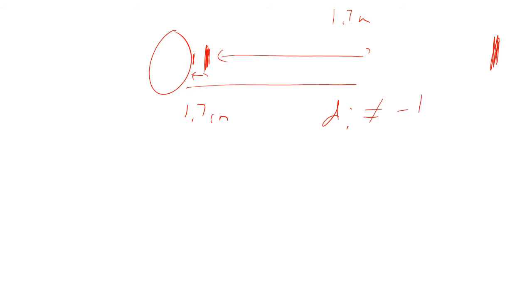And so in that case, you have an object over here. You can see out to 1.7 meters. So that means that the image distance, instead of being equal to minus 1.7 meters, we want to be 1.7 meters minus 1.7 centimeters.